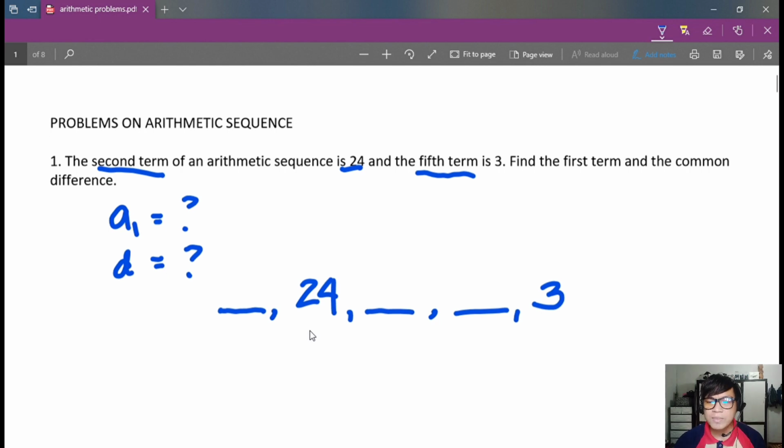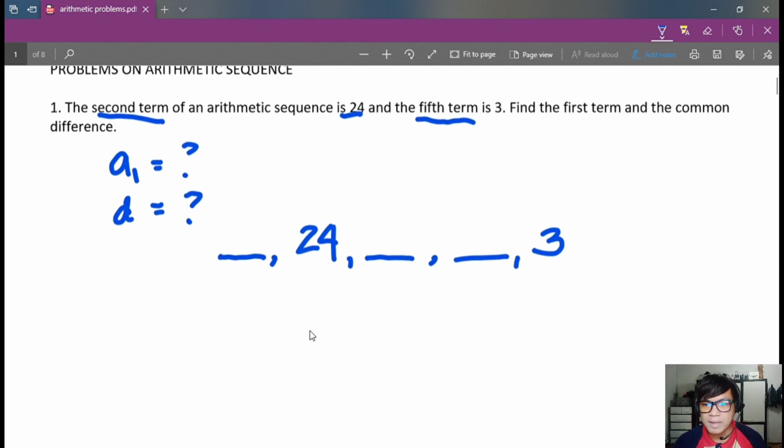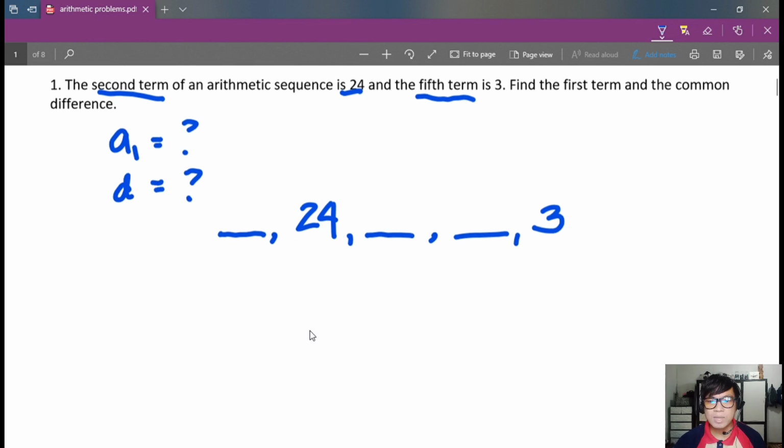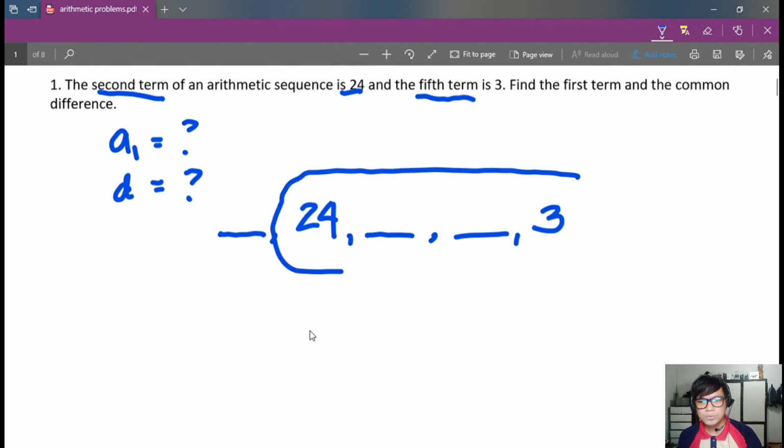Now, with the given, pwede natin gamitin si 24 and 3. Itong dalawa, we can use this as our starting for our solution. So we will disregard the first term, itong blank dito, kasi wala tayong information na nakuha sa kanya.